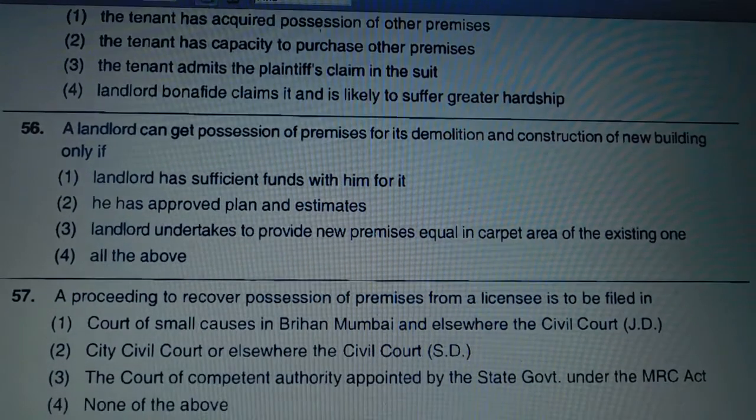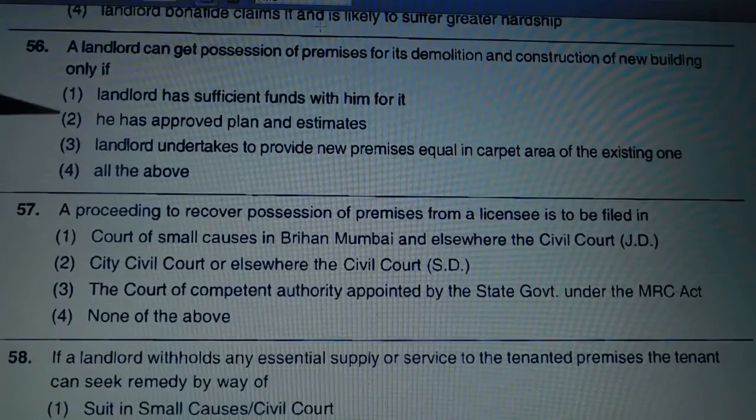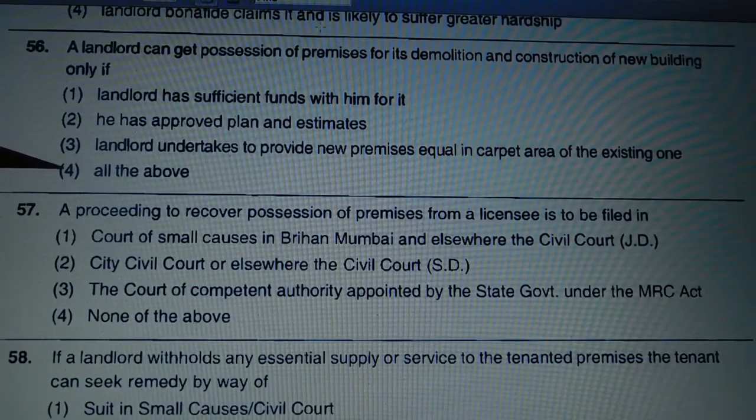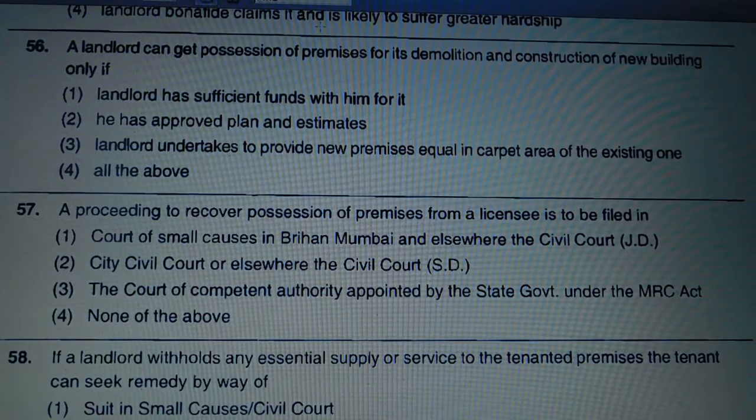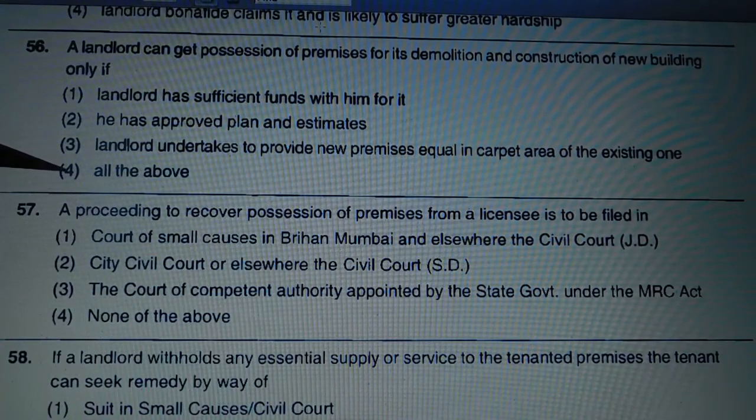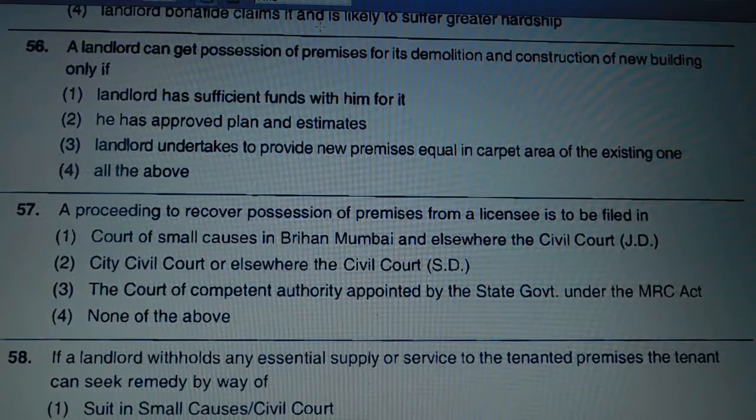Question number 56. A landlord can get possession of premises for its demolition and construction of new building only if the answer is all the above, means landlord has sufficient funds with him for it, he has approved plan and estimates, and landlord undertakes to provide new premises equal in carpet area of the existing one.